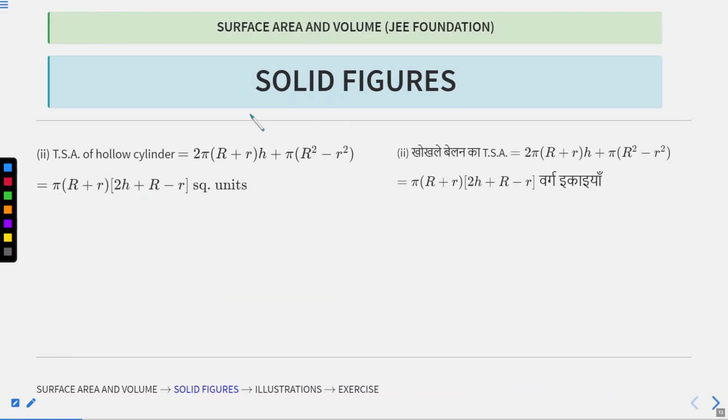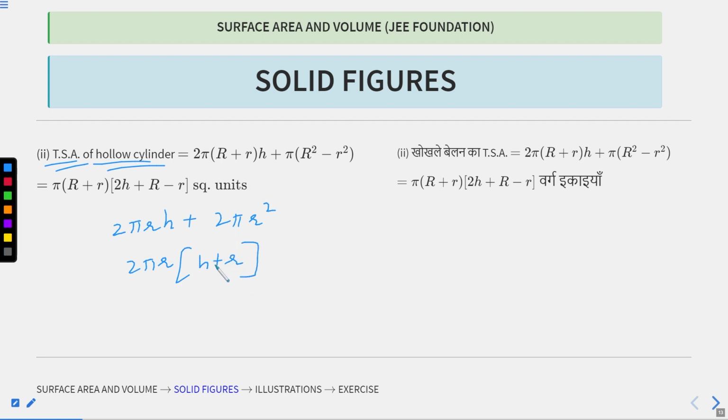Now the total surface area of a hollow cylinder. In the previous case, the cylinder total surface area was 2 pi R h plus 2 pi R square. This is because of the two circles present at the top and at the bottom of the cylinder. So it becomes 2 pi R (h plus R).